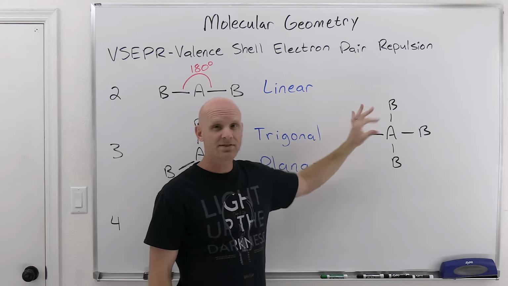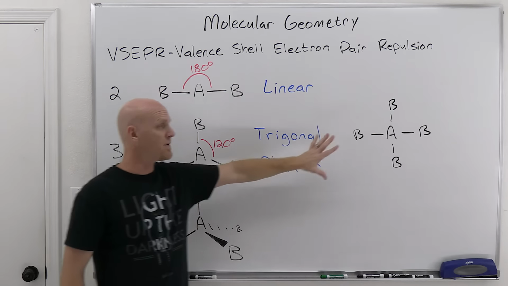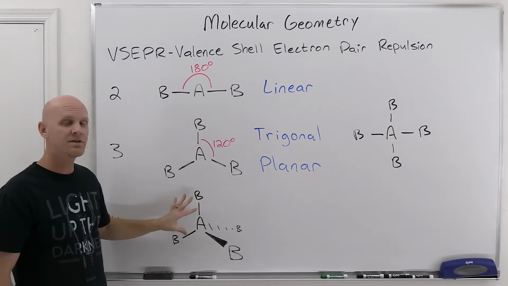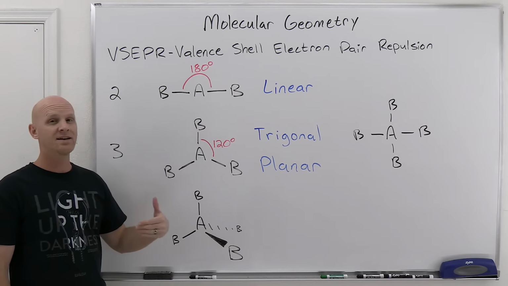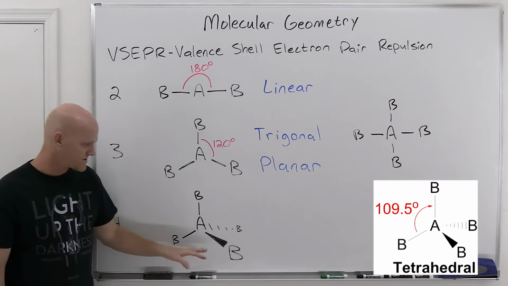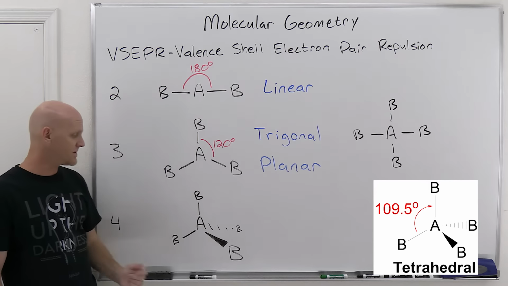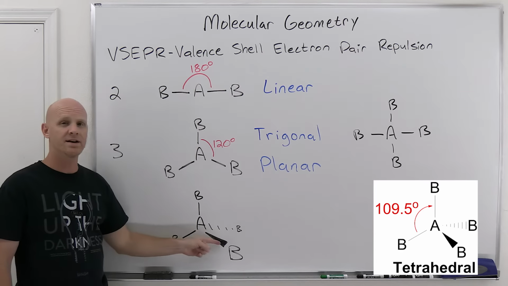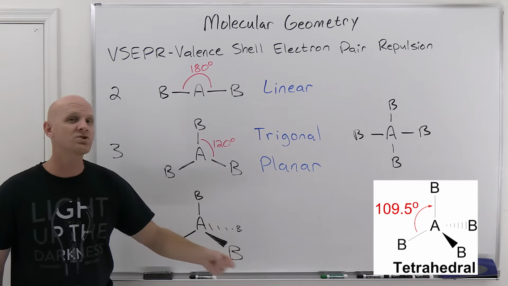But by adopting a 3-dimensional geometry, instead of occupying a single plane, we spread out into 3-dimensional space, and we can spread those angles out from 90 up to 109.5. To draw a 3-dimensional shape on a 2-dimensional surface, we have some conventions. We call this a wedged bond right here, and it's supposed to represent an atom that's coming out of the board towards you.